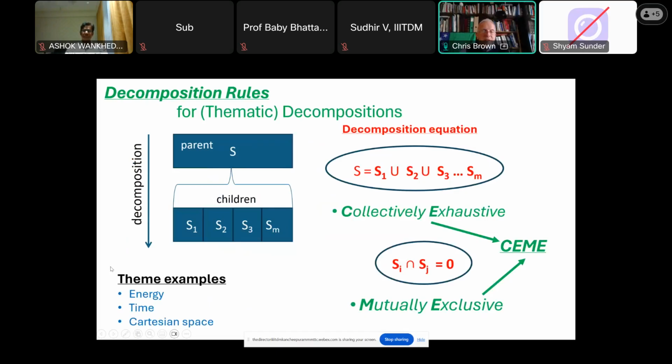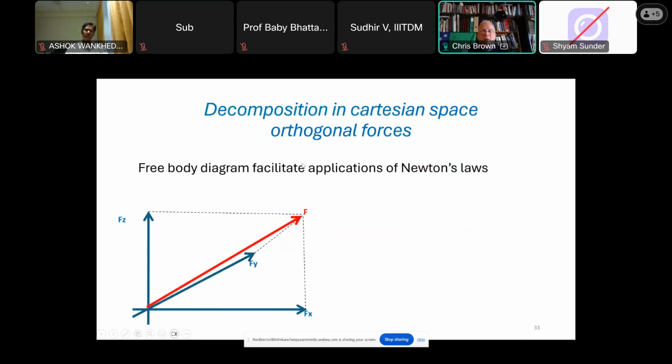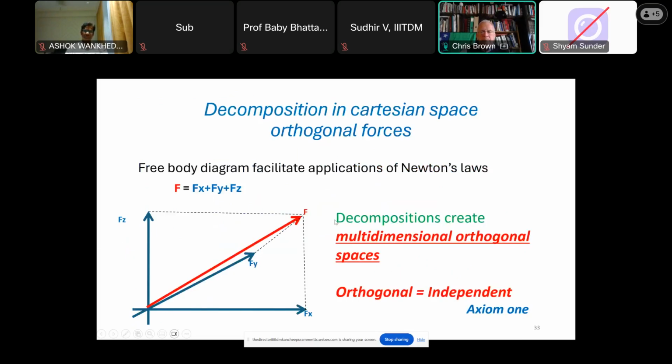A thing that will assist in doing a CME decomposition is to follow a theme. Sometimes it can be following the energy, sometimes I can decompose temporally, and sometimes I can decompose in space. So here's an example of a decomposition in space, which engineers should be familiar with. We have a force, and we can decompose it into Fx, Fy, and Fz in a Cartesian space.